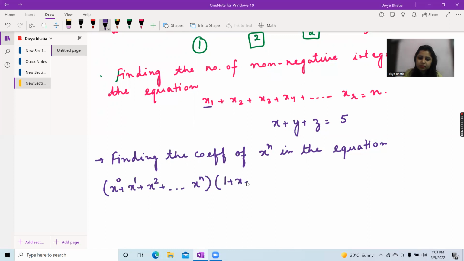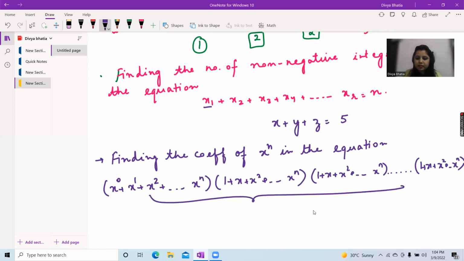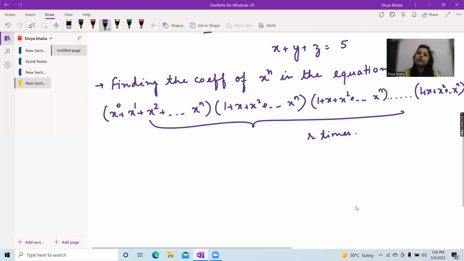Same here. Same for the third case. And same for the last. And this will be repeated r times. Now how? So finding the coefficient of x to the power n in the equation.